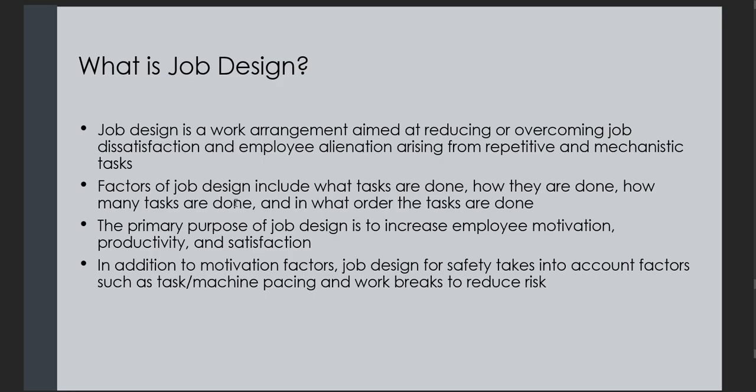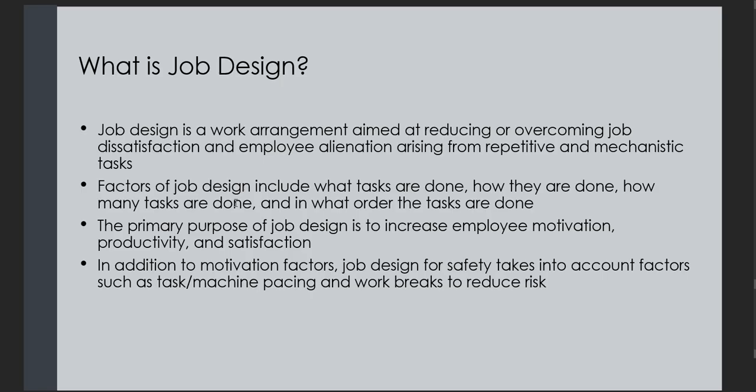So, job design is a work arrangement aimed at reducing or overcoming job dissatisfaction and employee alienation arising from repetitive and mechanistic tasks. Factors of job design include what tasks are done, how they are done, how many tasks are done, and in what order are they done. The primary purpose is to increase employee motivation, productivity, and satisfaction.